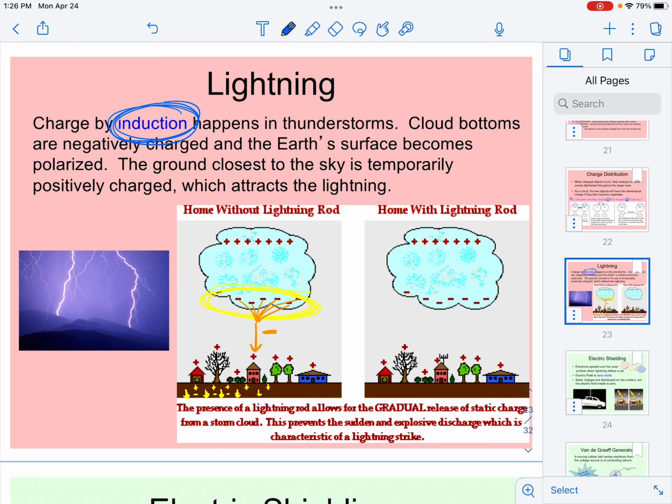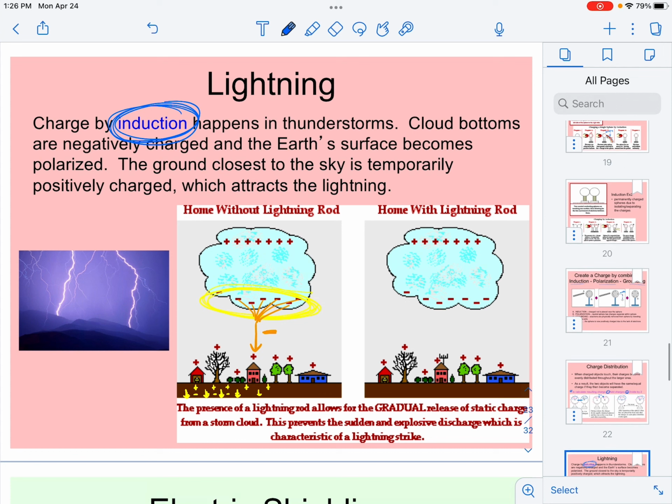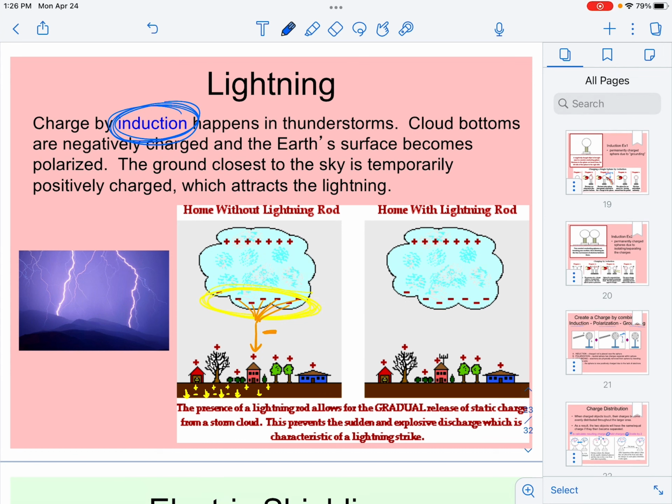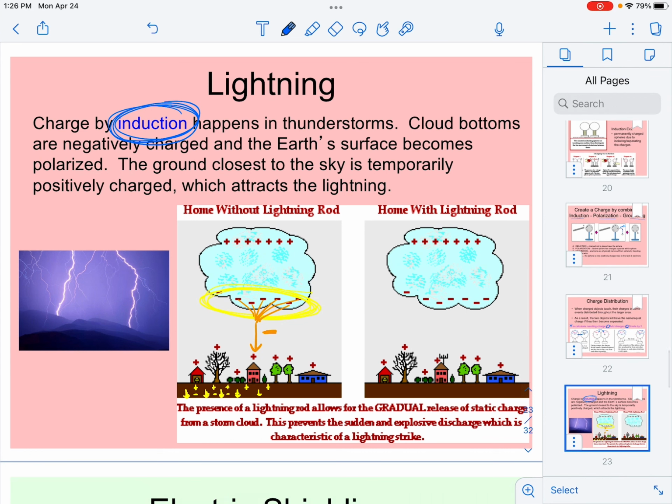Obviously, the clouds don't physically come in contact with the ground, but the charge is strong enough that those electrons are then pulled. We've learned about Coulomb's law, where there is a force of attraction between those two objects, and if that electrical charge builds up to a great enough number, that force can actually cause those electrons to move, get pulled down to the ground, and that is what lightning is, okay?